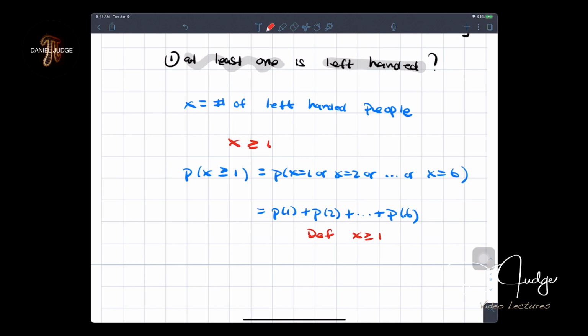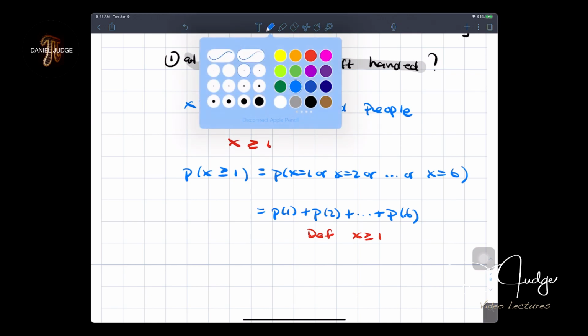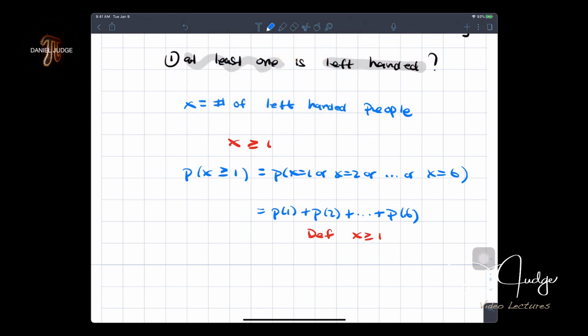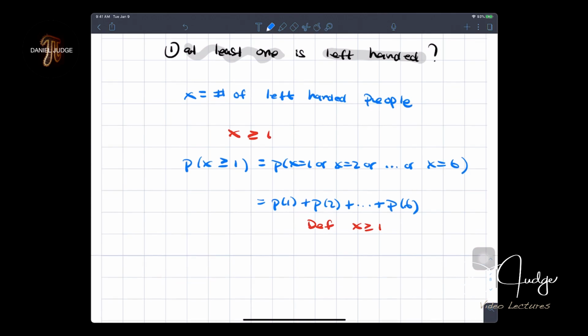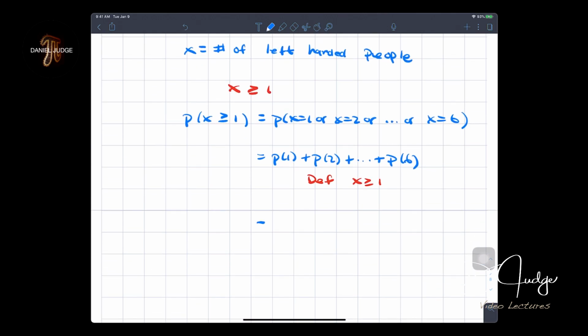Now, you guys know, or should know at this point, what I didn't get into last time was using my favorite questions. But if you looked at the notes, I started to ask you those kind of questions. And this is where I'm starting with today. At least 1 is left-handed. Now, here's what I want to remark. At least 1 being left-handed here, if we use the complement rule, because notice what I'd have to do.